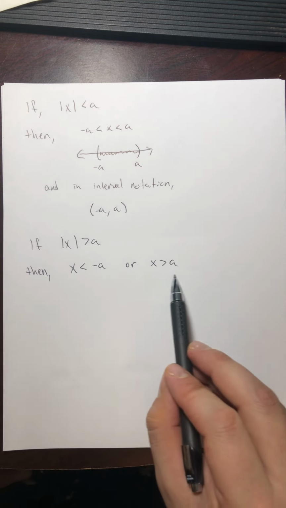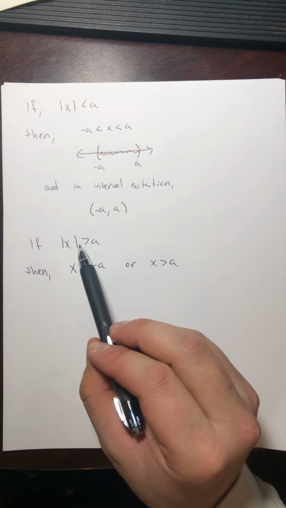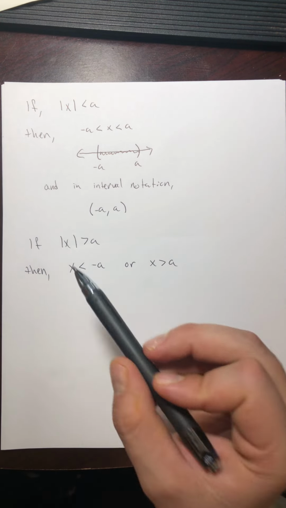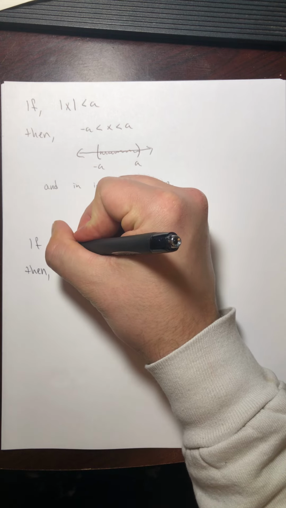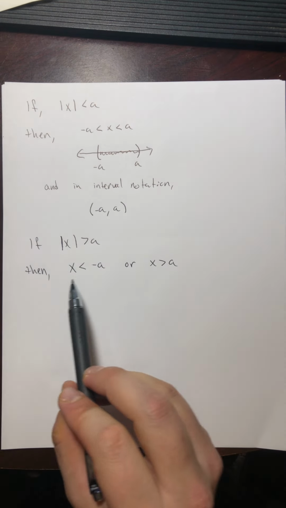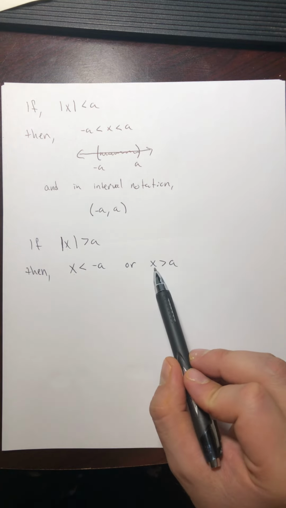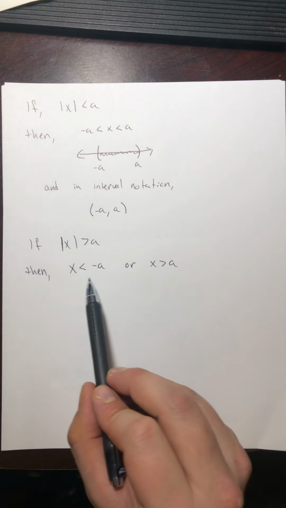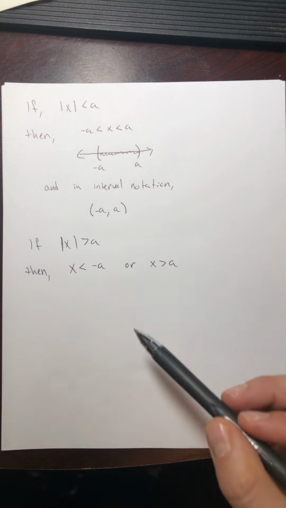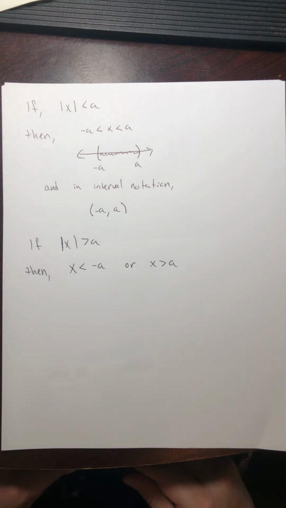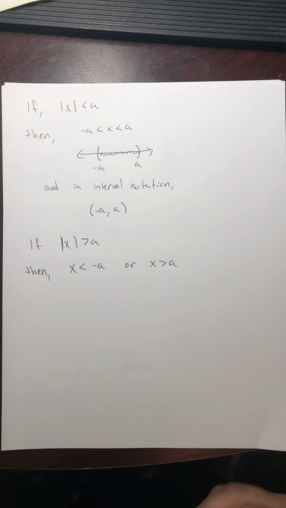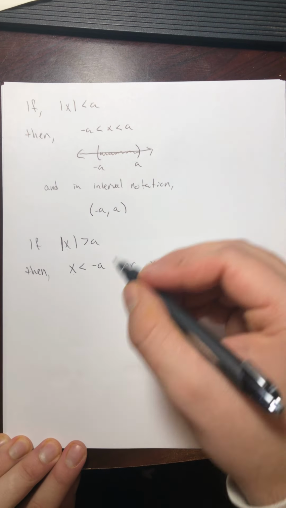This is an important equivalent statement to understand from the previous page of notes: if the absolute value of x is greater than a, that statement says x is less than negative a, or x is greater than a. And we really should write it like this, because that will help us with not only solving, but properly writing the interval notation without getting the number line backwards or things jumbled around.